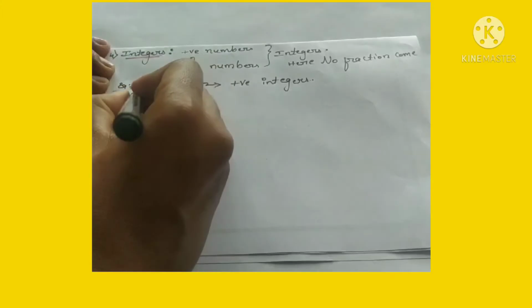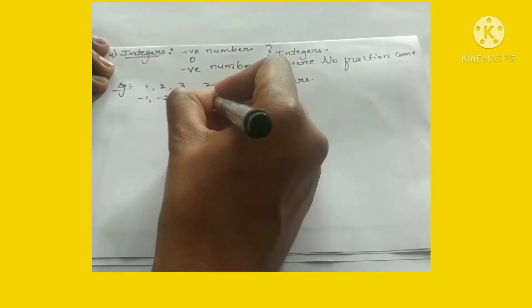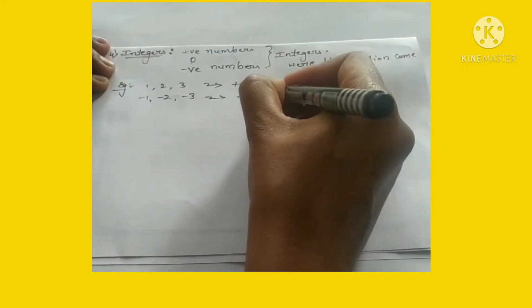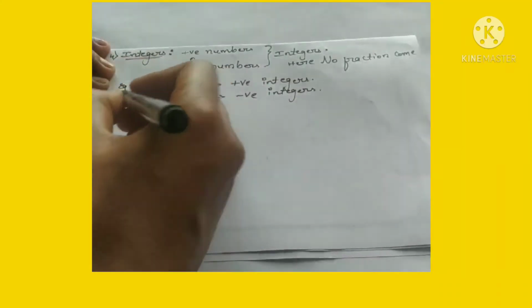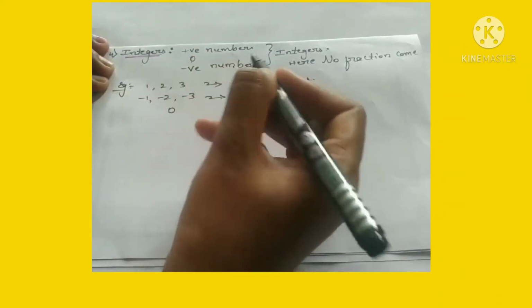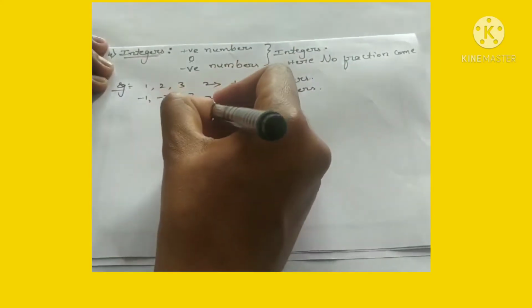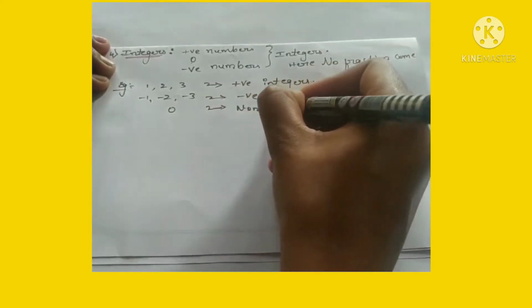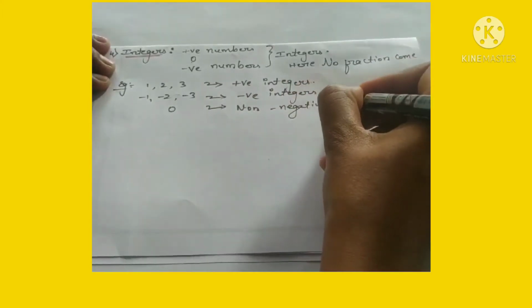Next, -1, -2, -3, they are all the negative integers. Next, 0. 0 is not positive, not negative, but it is a non-negative integer.